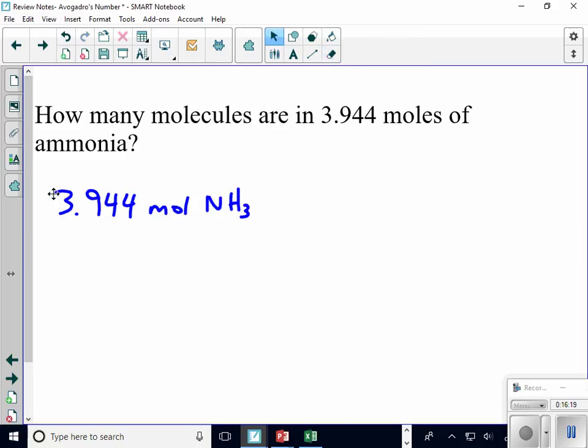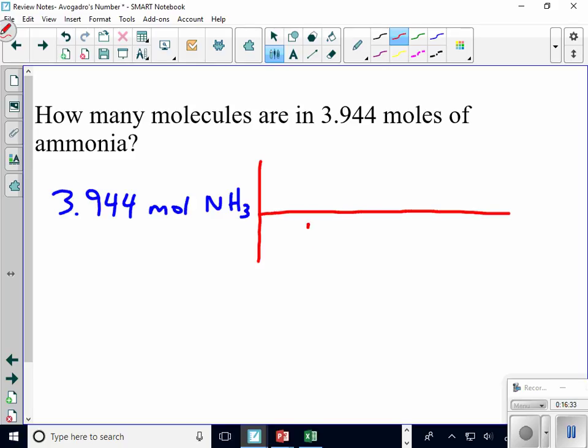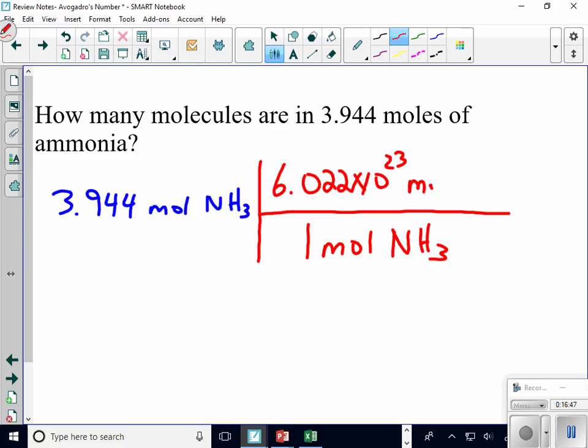This is going to be a direct conversion from moles to molecules. So I put my conversion box up. I know that 1 mole of ammonia has 6.022 times 10 to the 23rd molecules of ammonia.